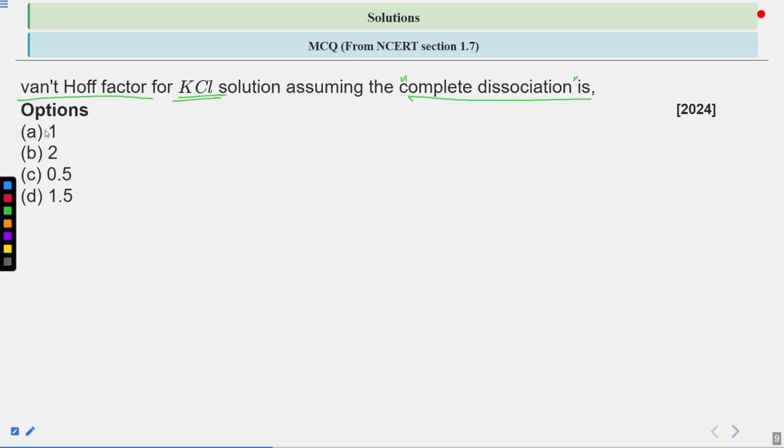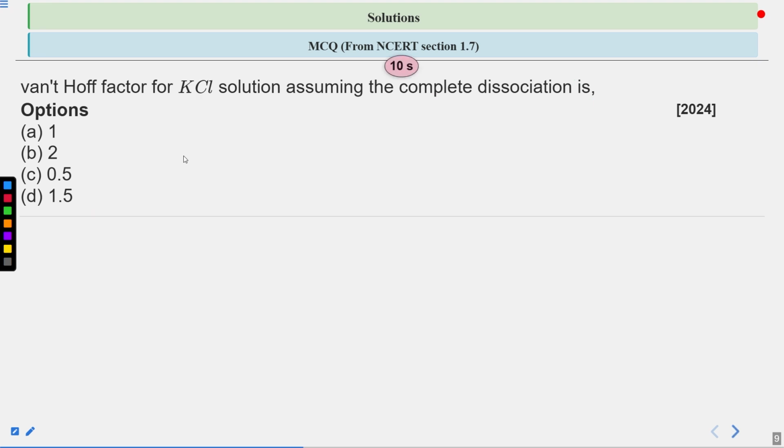This question was in the CBSE examination in 2024. The four options given are 1, 2, 0.5, or 1.5.